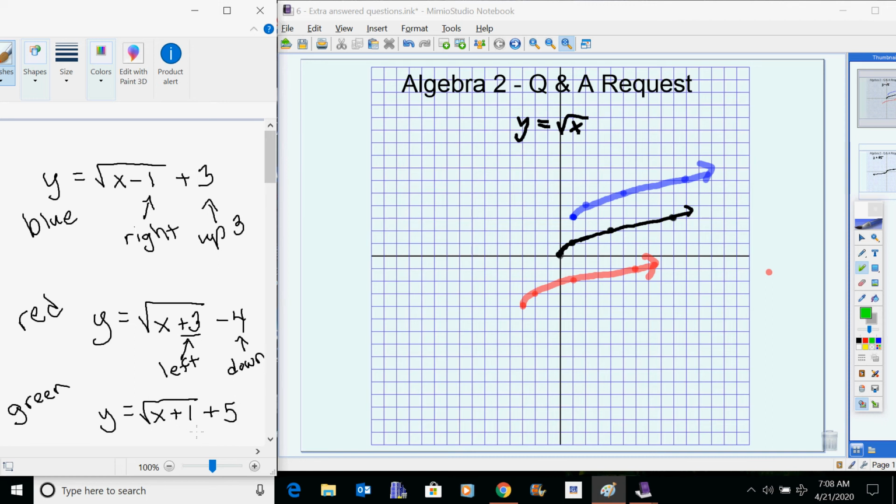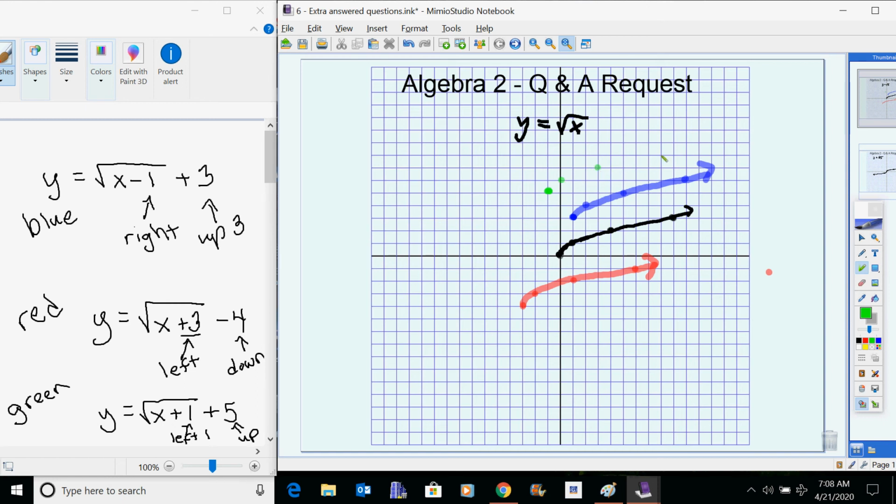The plus 1 would take us to the left 1. Remember, this is the one that almost seems backwards. And this one means up. So left 1, up 5. We'll come over here, and we go from our original one. Left 1, 1, 2, 3, 4, 5. Left 1, up 5. And around to those different points.